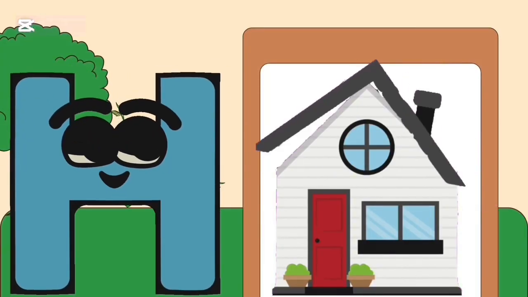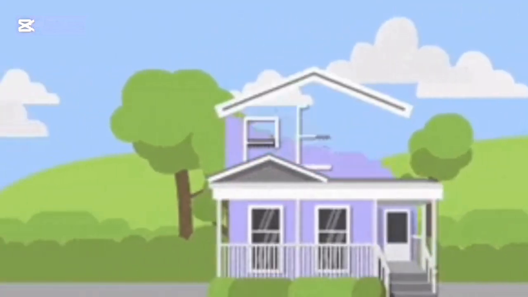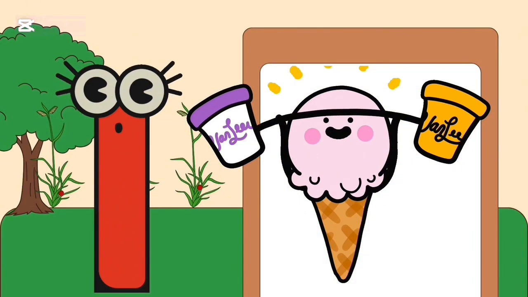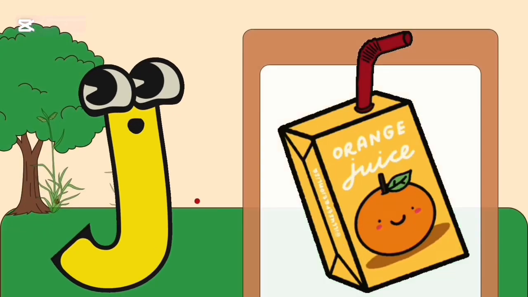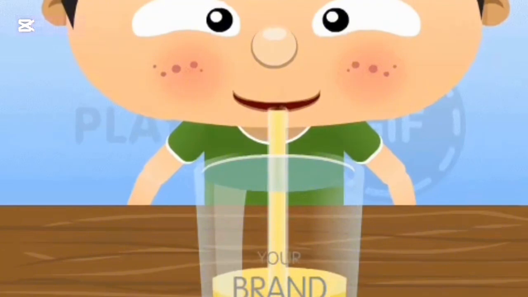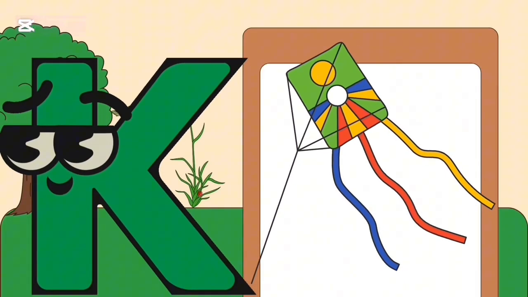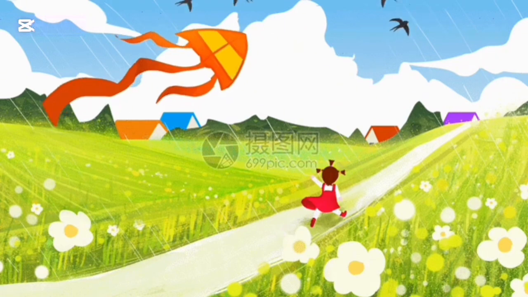H is for house. House. I is for ice cream. Ice cream. J is for juice. Juice. K is for kite. Kite.